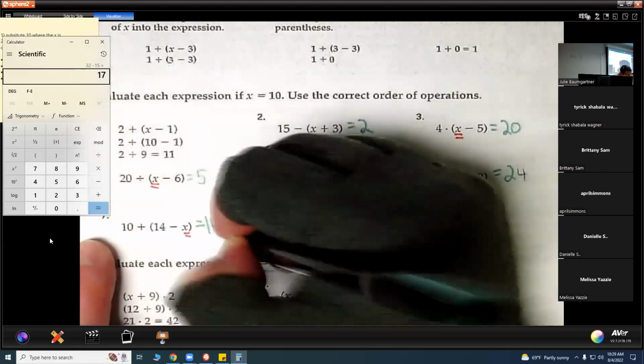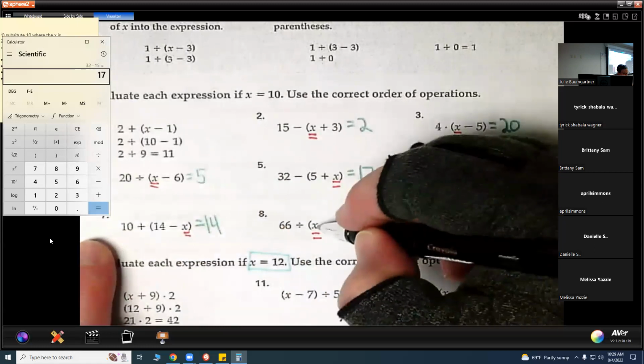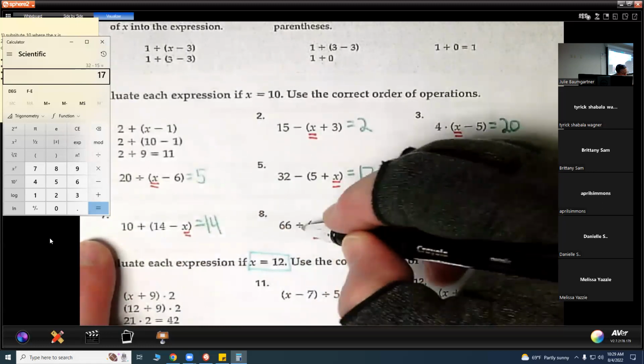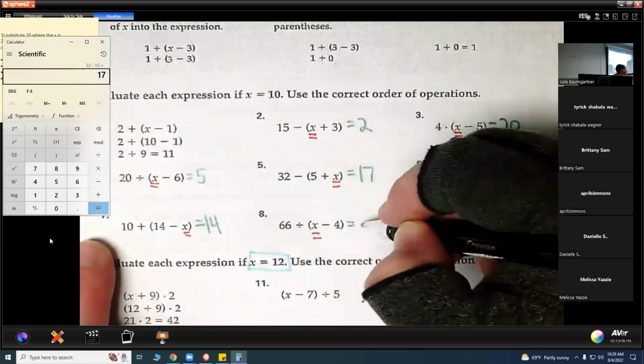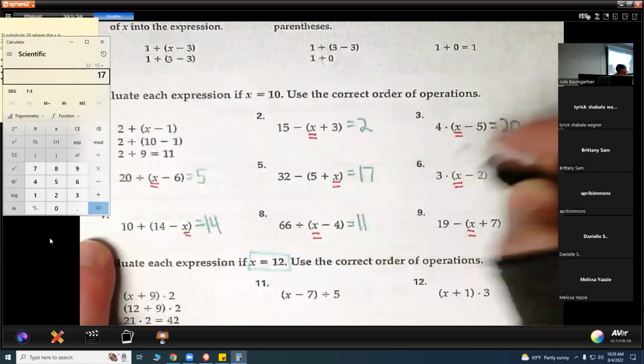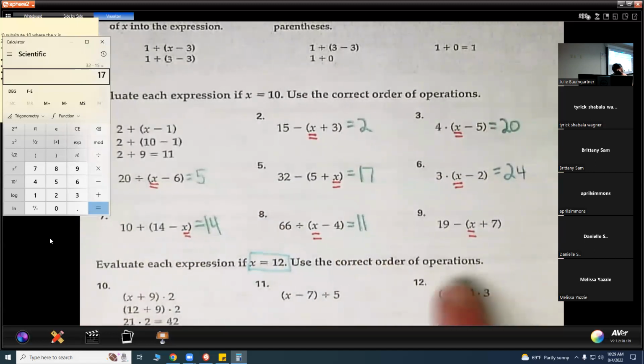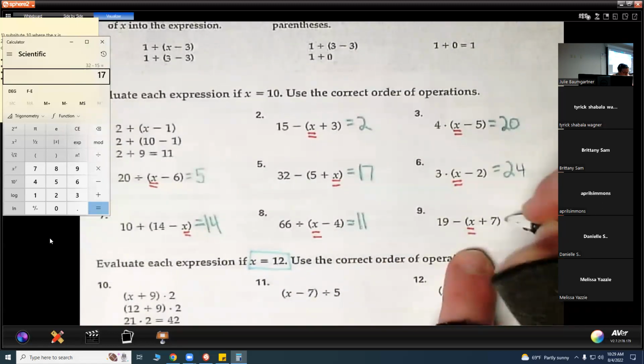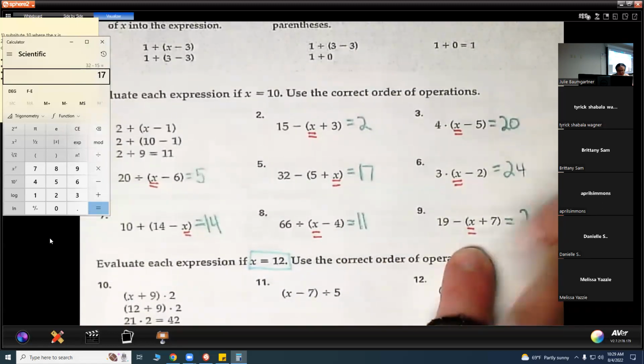Kind of a very circular one. 10 minus 4 is 6. 66 divided by 6 is 11. 10 plus 7 is 17. 19 minus 17 is 2.